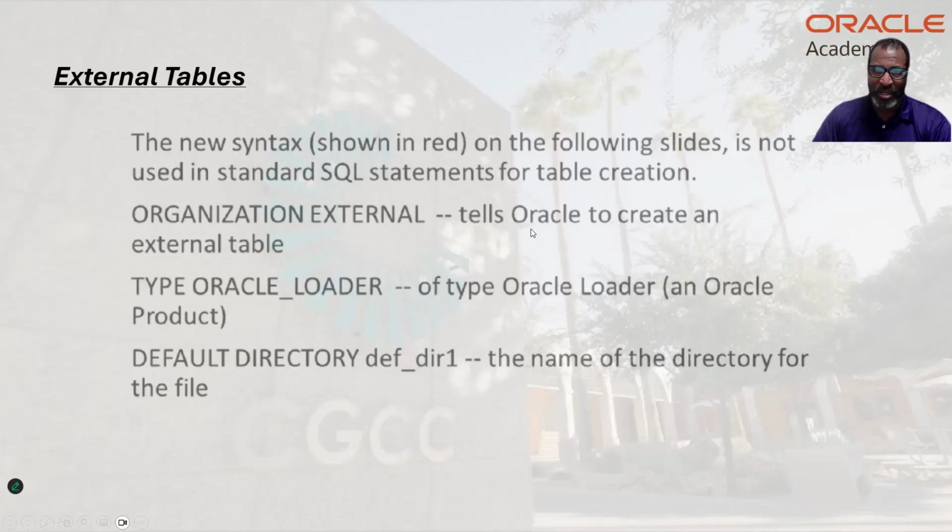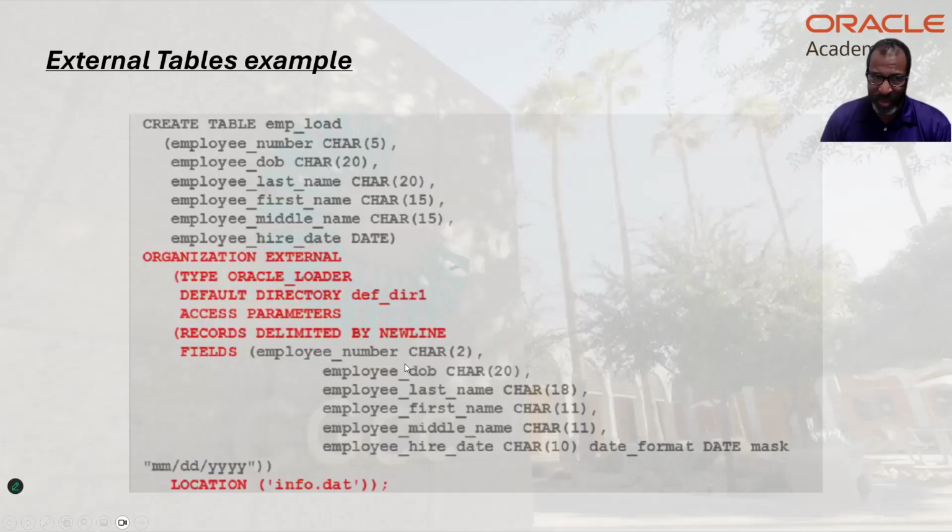So the new syntax that I'm going to show you on the following slide is basically how you would organize an external table. I'm not going to ask you to run this, but it's something that I've run before, where you're essentially organizing an external table, which is a flat file, so that is a part of your database schema.